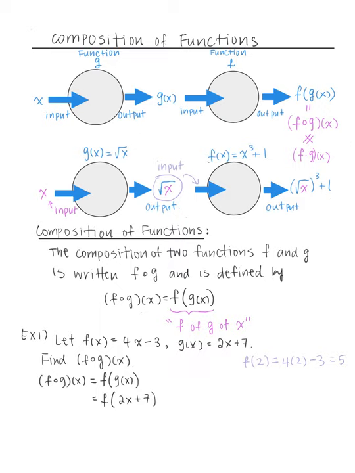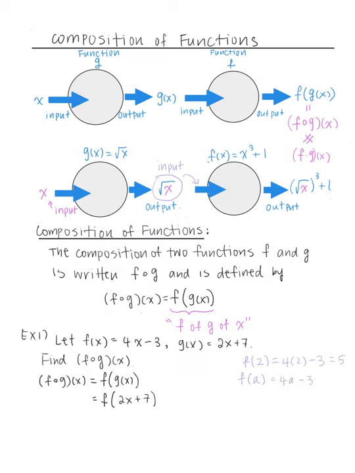Now let's look at f of a. This is the same thing: look at function f, and replace x with what's in the parentheses, which is a. If the x becomes a, then this also becomes a. So our answer is going to be 4a minus 3.